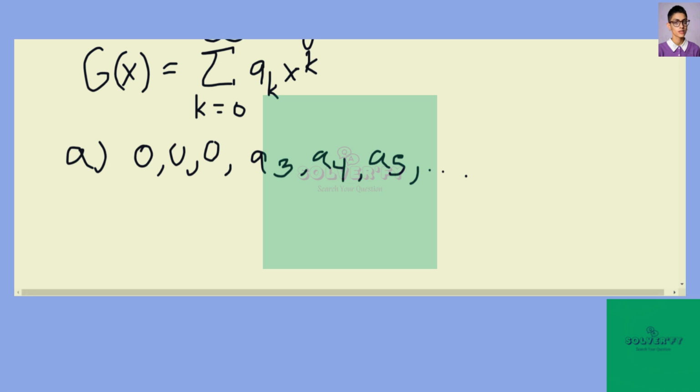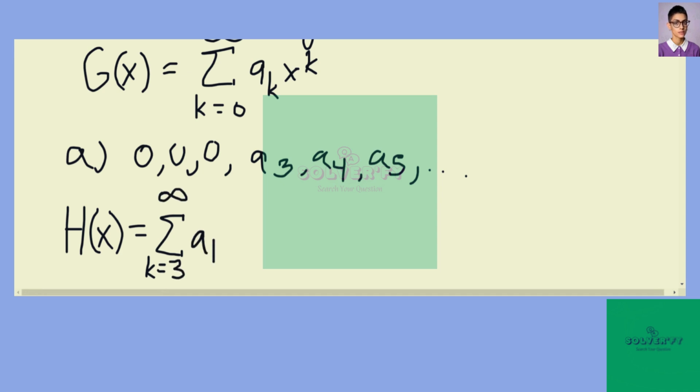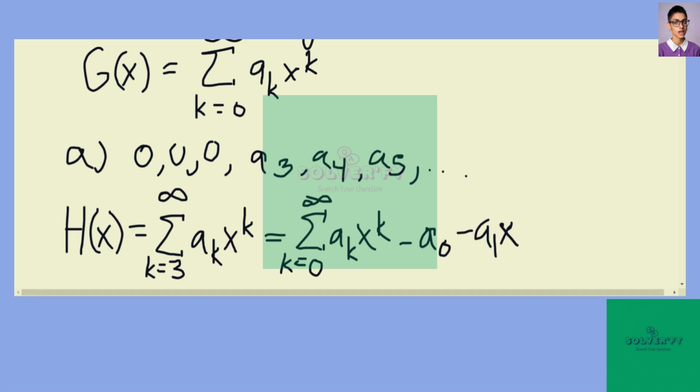So if we call the generating function for this sequence h of x, this is going to be the sum from k equals 3 to infinity of a sub k x to the k, and this is equal to the sum from k equals 0 to infinity of a sub k x to the k minus a sub 0 minus a sub 1 x minus a sub 2 x squared.